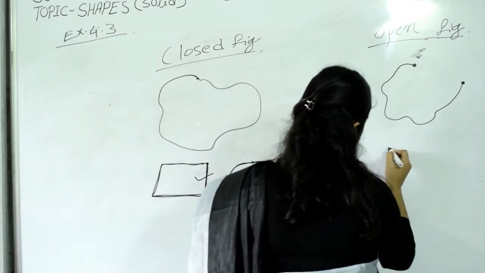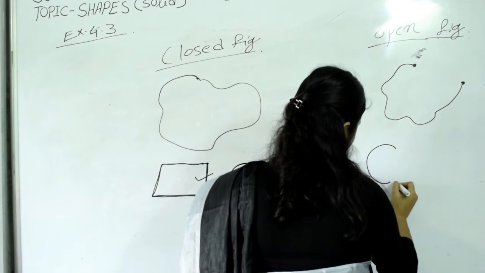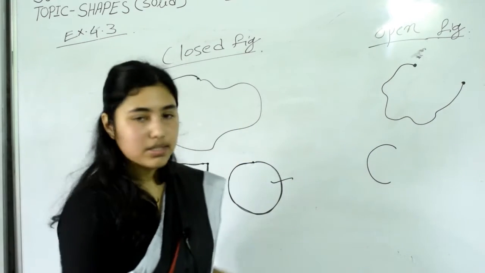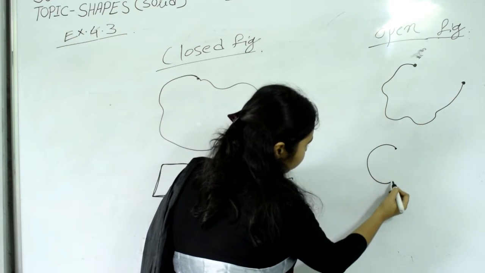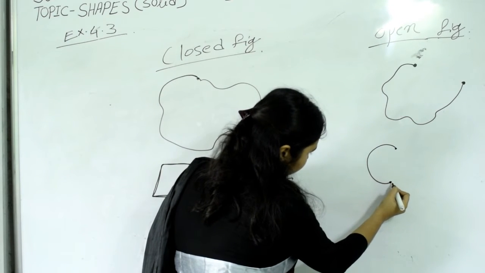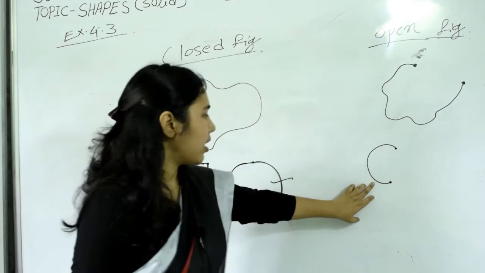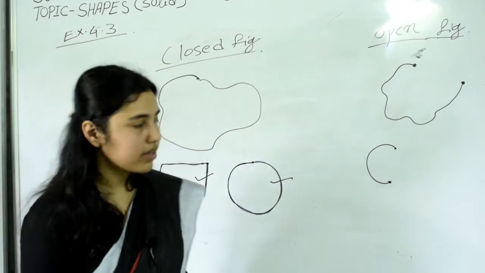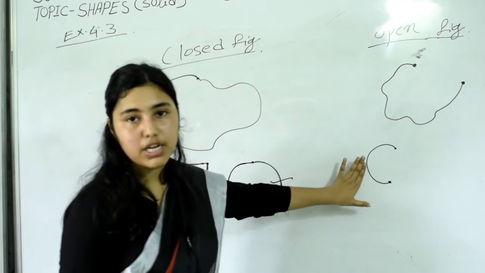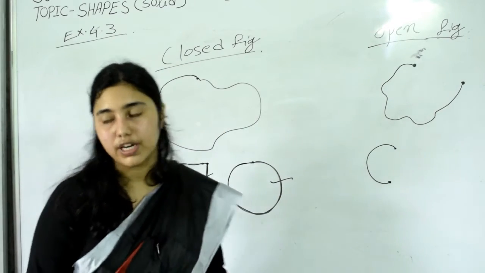Suppose this, here our starting point is this, but here our end point is different, right? So this type of figures are known as open figures.